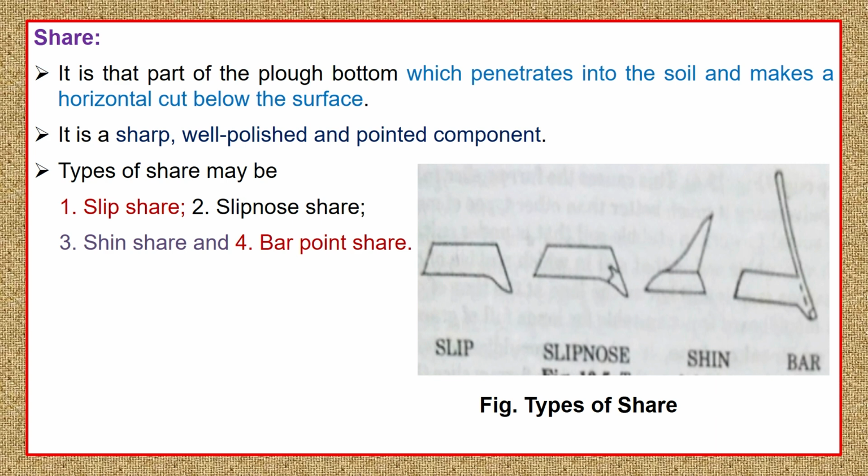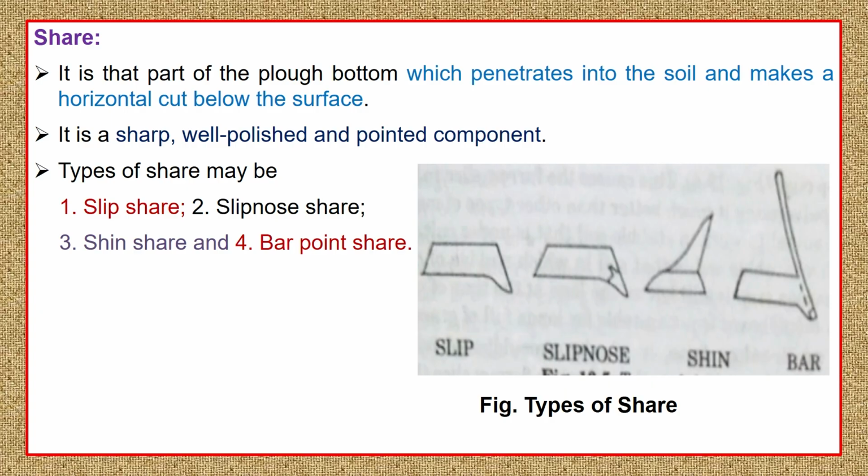Whenever this slip shear wears out because of constant use, and that point of the shear becomes blunt, then you need to replace the entire part. So that's somewhere not economical. Realizing it, scientists discovered the slip nose shear, which comes with a replaceable nose.